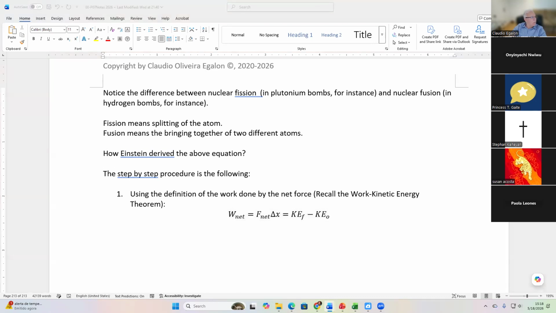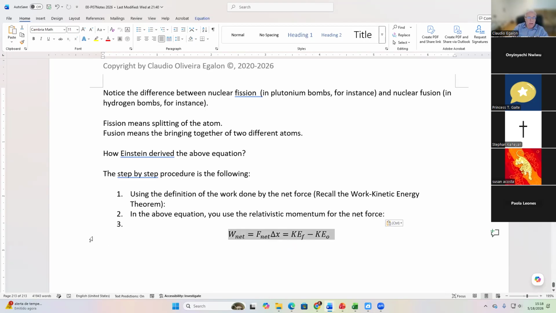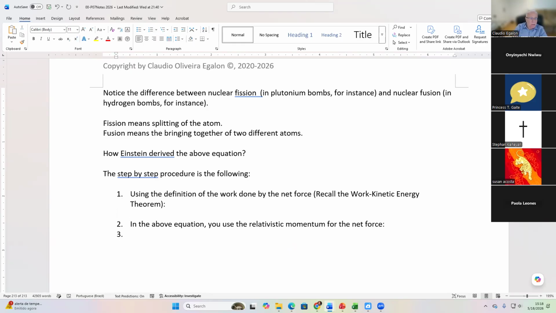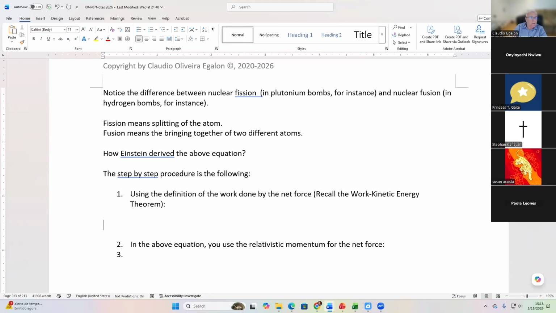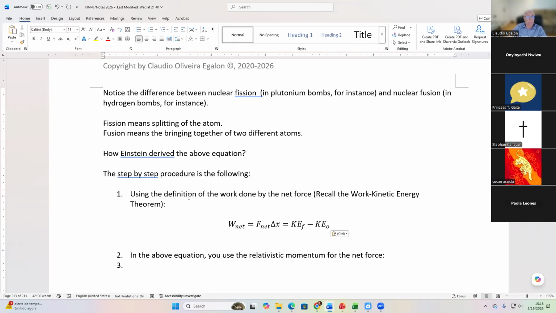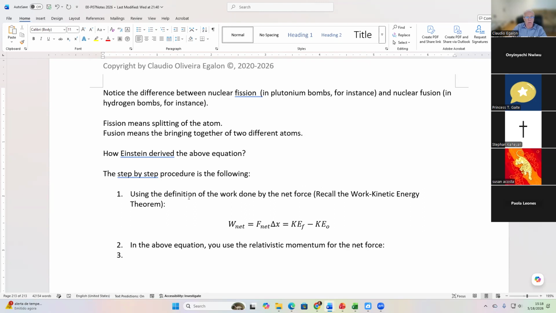Next, what do we do next? In the above equation, you use the relativistic momentum for the net force.